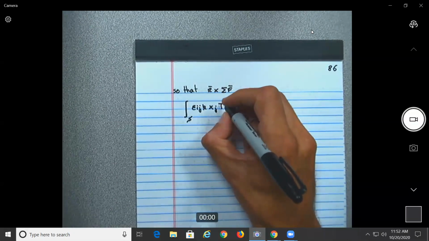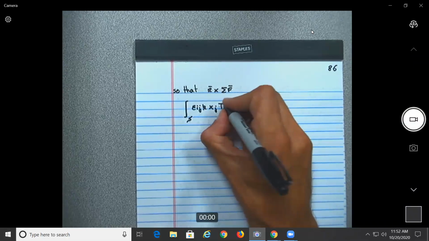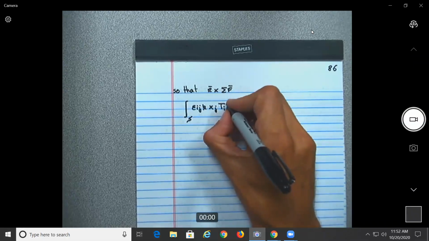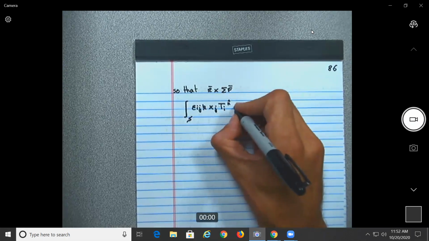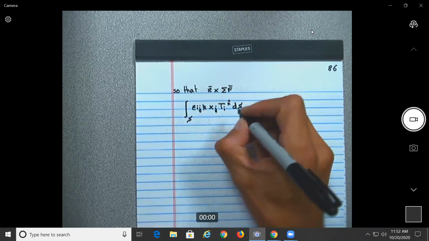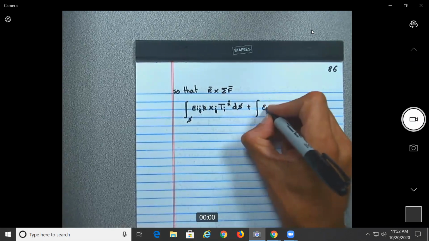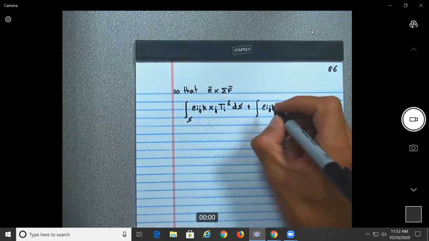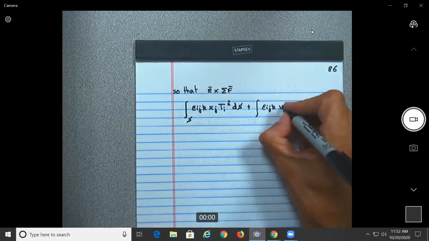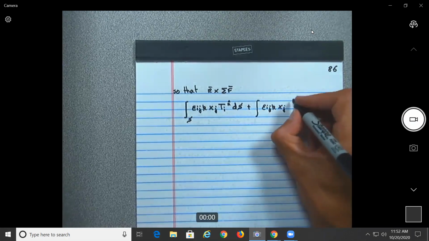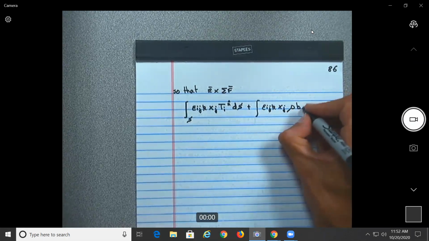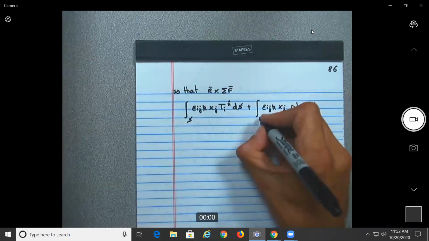I need to go back because of the notation. T sub I of n dS. I'm going to go back for a second to the other page. Plus epsilon ijk xj rho b sub I dV.